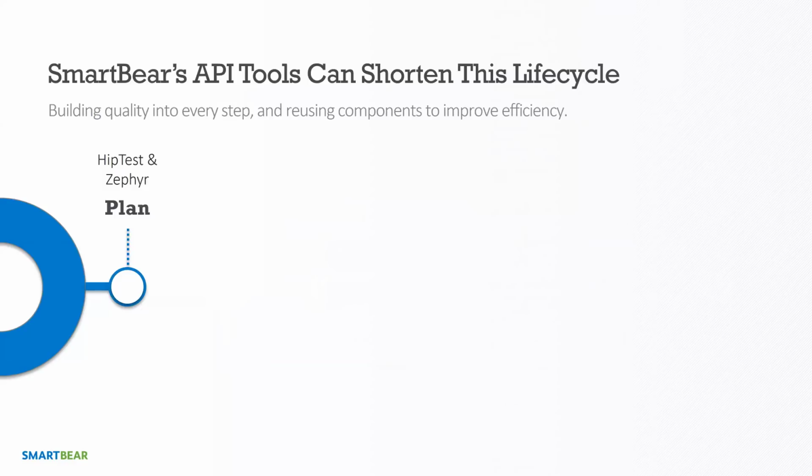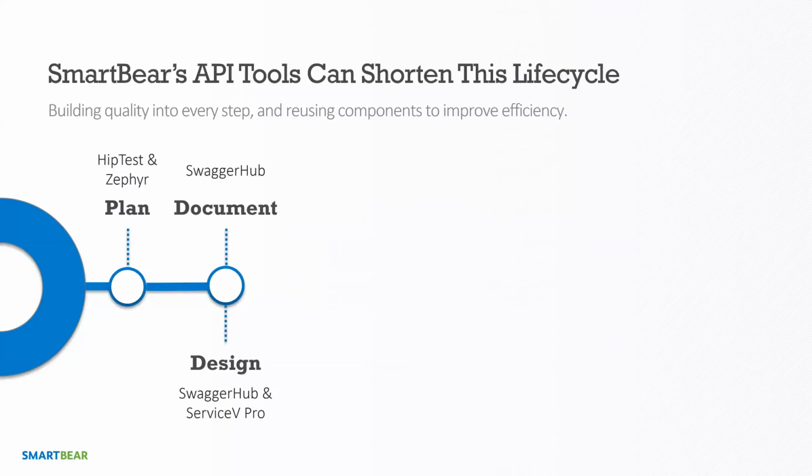The SmartBear toolset is really trying to shorten this life cycle. In our planning phase, we have HipTest and Zephyr, but this is our first position of doing two things at once and working in parallel. We have SwaggerHub, which allows us to design our API, and at the same time, we can document. That Swagger spec, that OAS spec, is going to help us do both at one time and shorten up our life cycle.